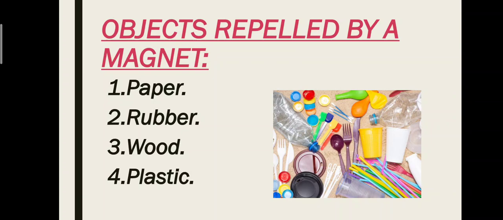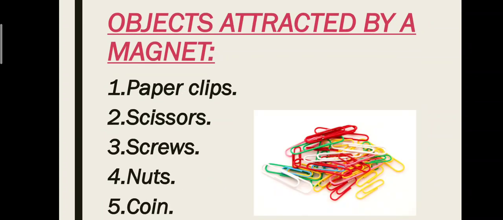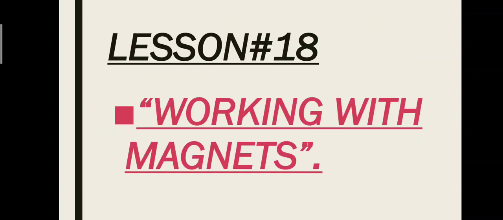So now what you have to do, class 3, open your science copies and first of all make a title page of lesson number 18, working with magnets, on a line page. Remember that the title page must be drawn on a line page. Make a proper and colorful title page of lesson number 18, working with magnets.